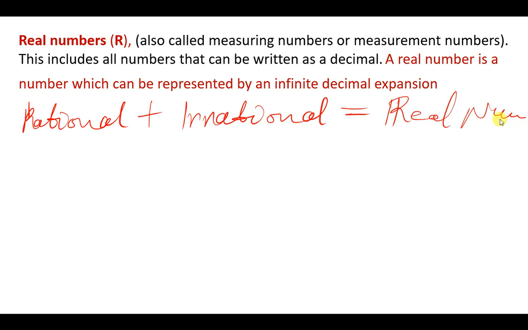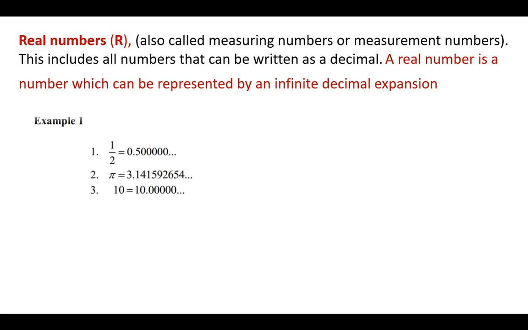Okay, so let's look at examples of these real numbers. We have real numbers that are terminating and repeating. So we have this one. This is a real number, and to be specific, this is a rational number that is terminating.